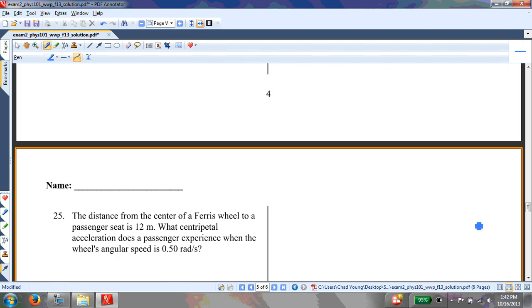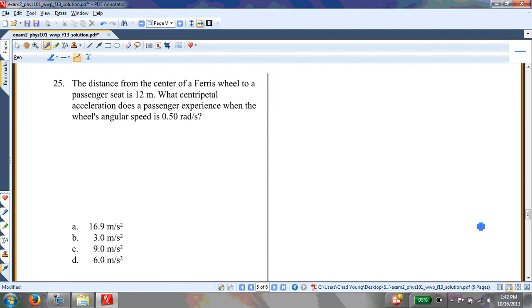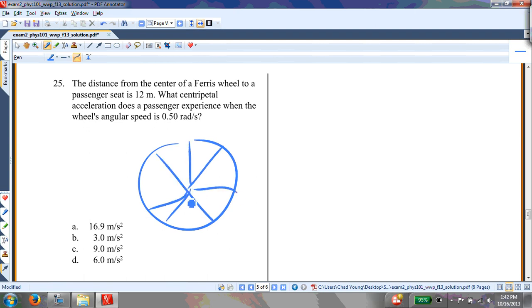And now finally, 25. The distance from the center of a Ferris wheel to a passenger seat is 12 meters. There's my Ferris wheel. This distance from here to here is 12 meters. What centripetal acceleration does a passenger experience when the wheel's angular speed, that is omega, equals 0.5 radians per second?